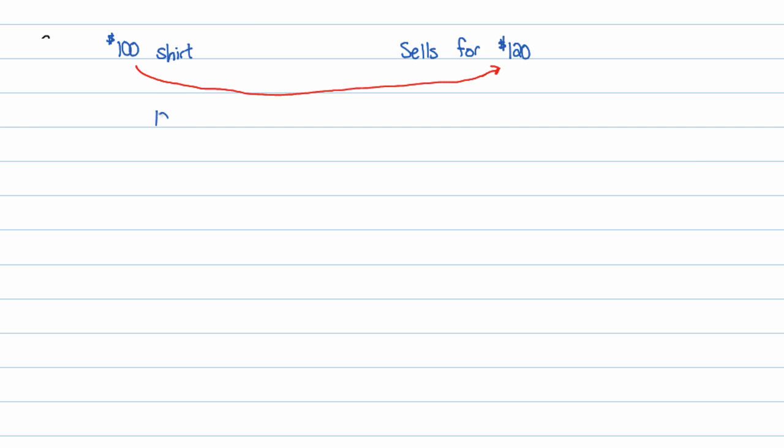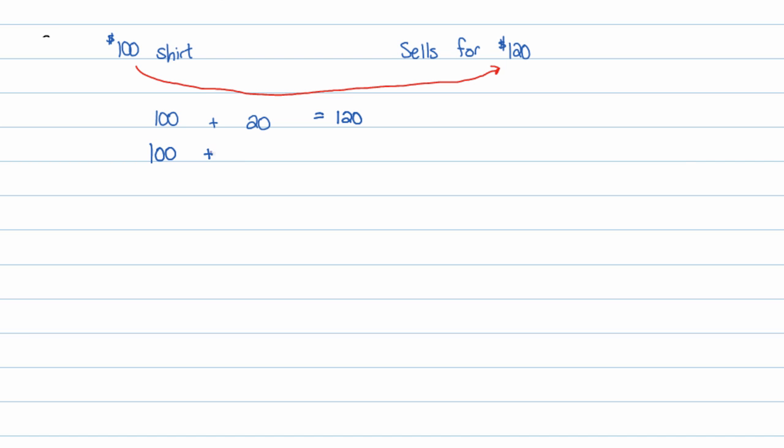We took that $100 and we tacked on 20 bucks. But that's actually not what I'm asking. I'm not asking how much did you tack on. I'm asking what percent did you tack on. 100 is a nice number because it's very easy to determine what percent we marked it up by here. If we only tacked on 20 bucks, that's just 20%, right?